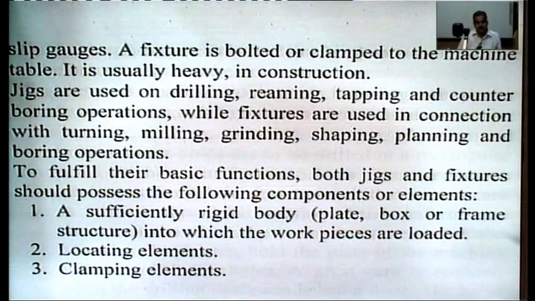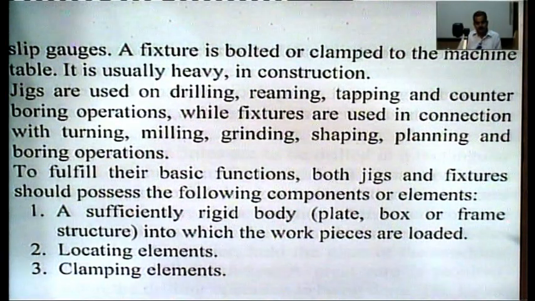So, jigs are used for lighter operations, and fixtures are comparatively used for heavier operations. Because a jig is really not clamped to the table of the machine, whereas a fixture, which is heavy in construction, is always clamped or bolted to the machine table.